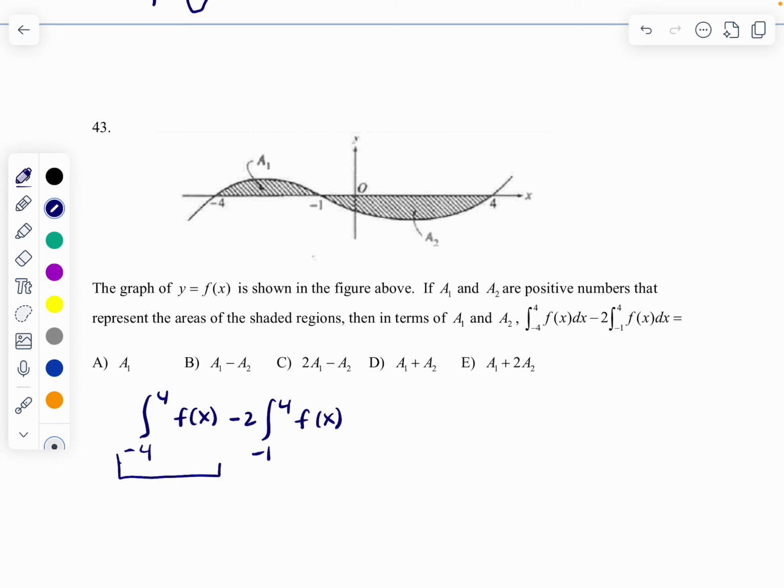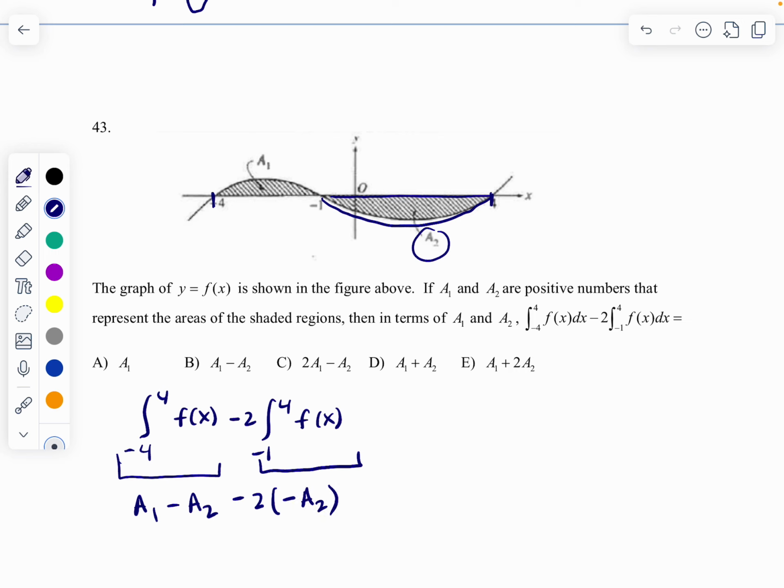So going from -4 all the way to 4, it's going to be A1, and then because this is below the x-axis, it's going to be minus A2. Then I have -2 times the integral from -1 to 4. From -1 to 4, it's just this guy right here. Because it's below the x-axis, that is represented by -A2.